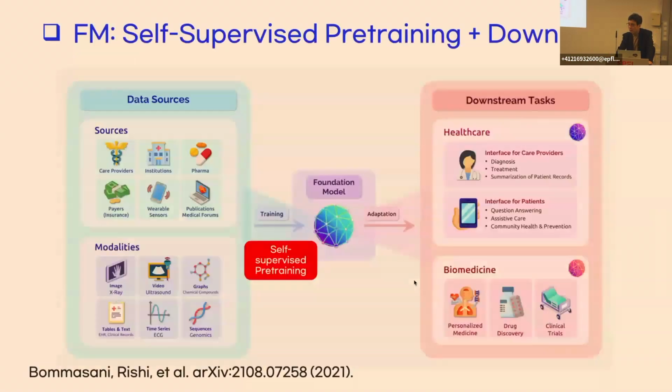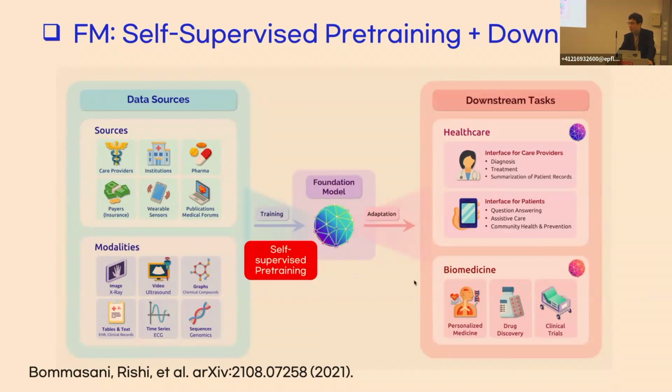When you talk about the foundation model, it is usually an architecture composed of two separate steps. One is self-supervised pre-training with a lot of unlabeled data. Once it is self-supervised trained, it is designed for fine-tuning or some adaptation for specific tasks.